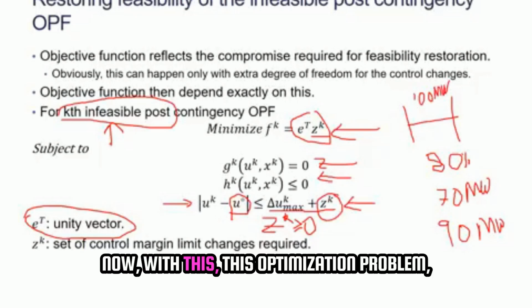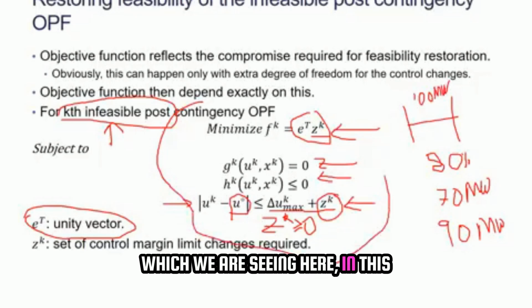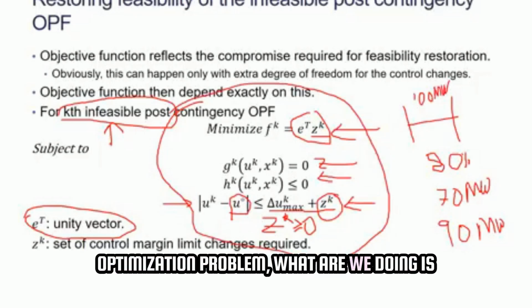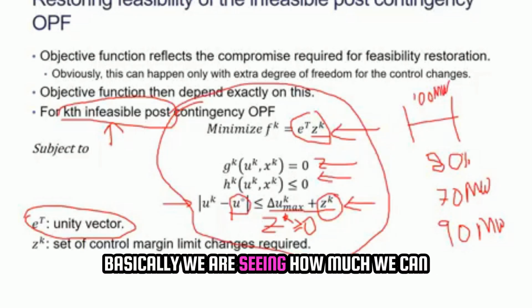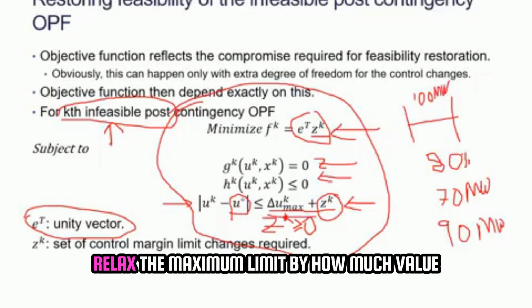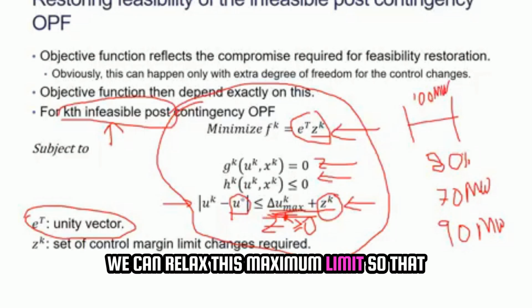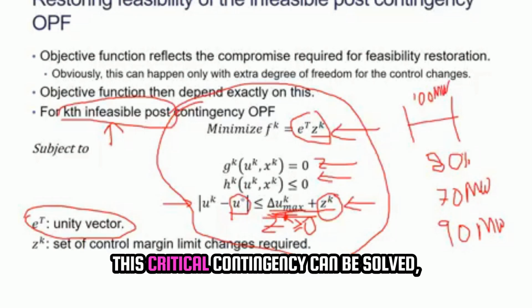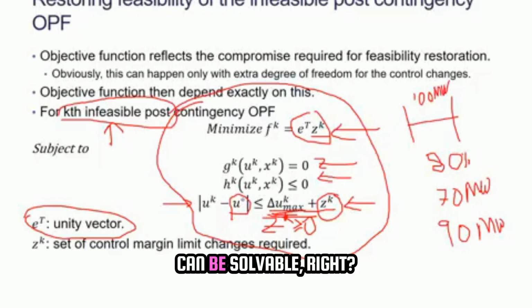Now with this optimization problem which we are seeing here, what we are doing is basically seeing how much we can relax the maximum limit, by how much value we can relax this maximum limit, so that this critical contingency can be solvable, right?